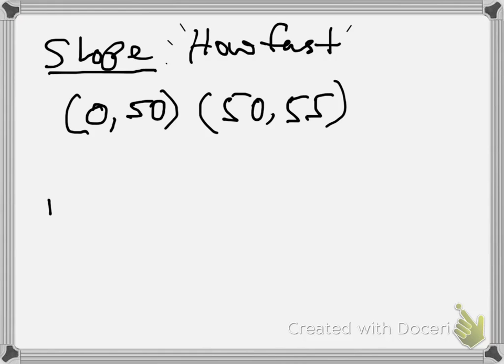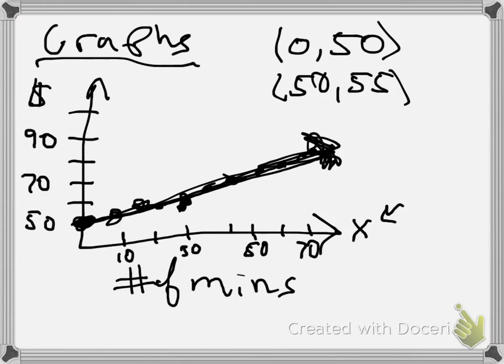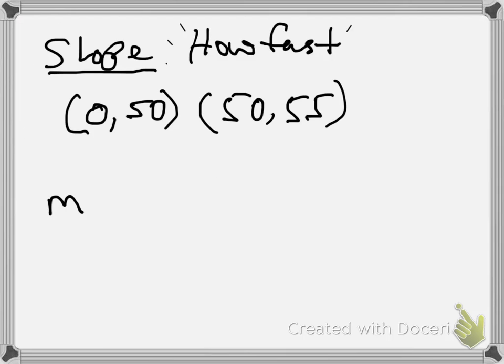The slope is notated by the letter m because this almost looks like the side of a mountain, right? So m for mountain, you want to see how fast that mountain increases. Well, you've got to see how fast your y values increase first, and you can see that the y values increased by 5.